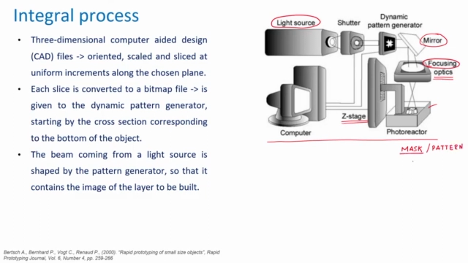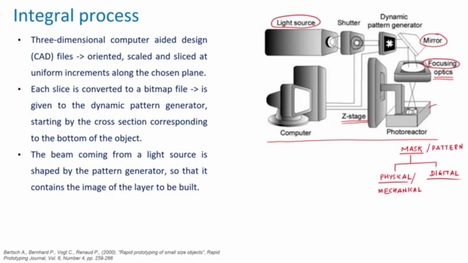Now, these masks are either physical masks, or we can call them mechanical masks, or we can have digital masks. Now, how to generate these digital masks which are dynamically changed?